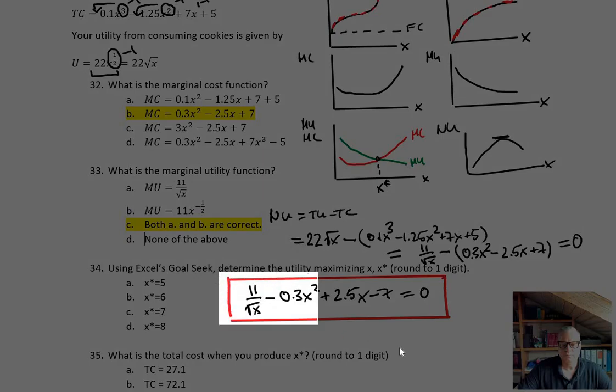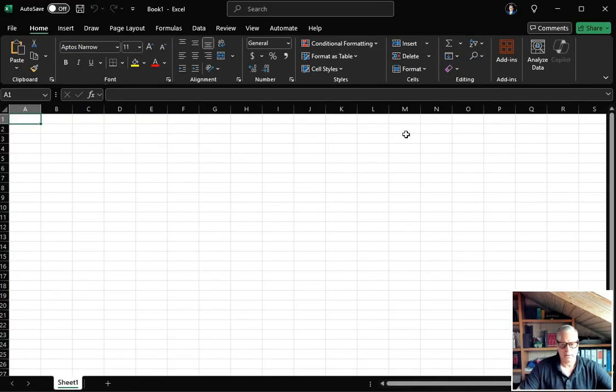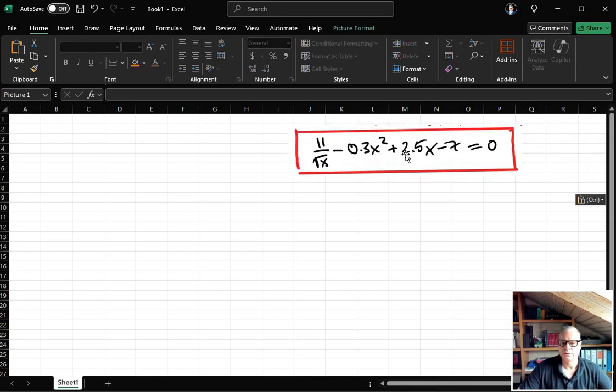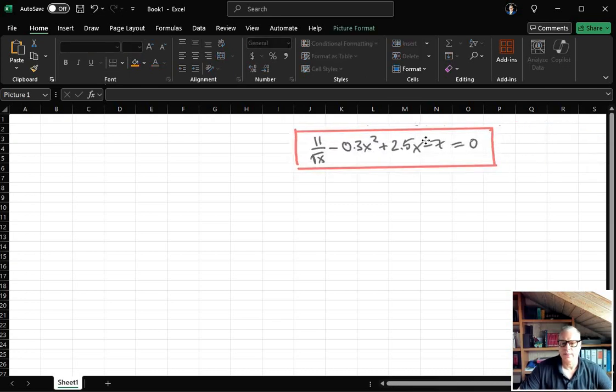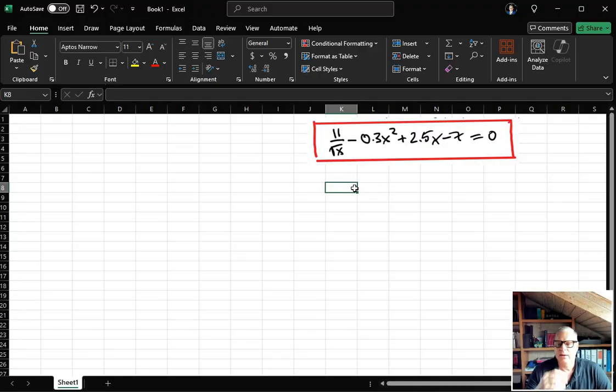I'll just take this one here. That's the condition. Okay, so now let's open Excel. So this is what we need. Okay, and now we can use GoalSeek.